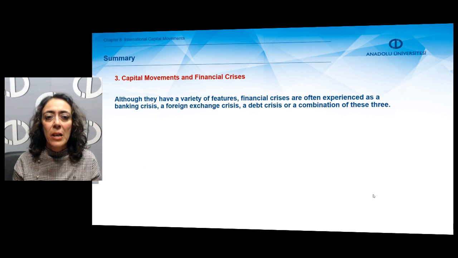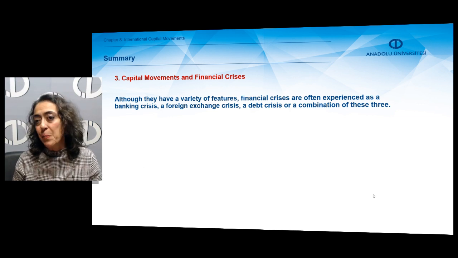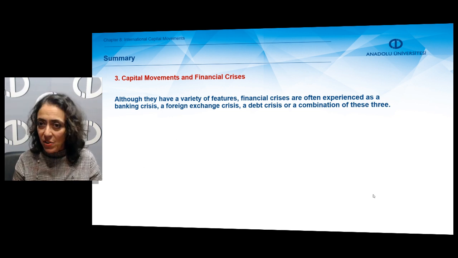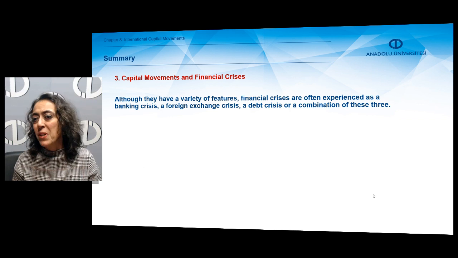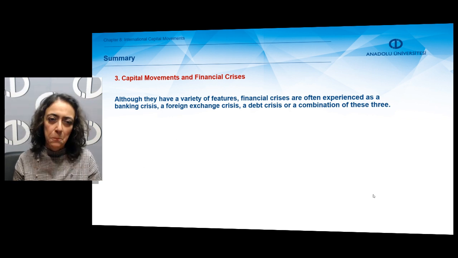So although they have a variety of features, financial crises are often experienced as a banking crisis, a foreign exchange crisis, a debt crisis, or a combination of these three.